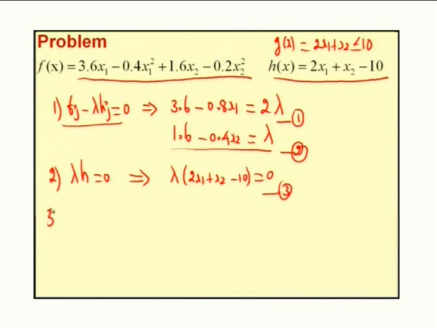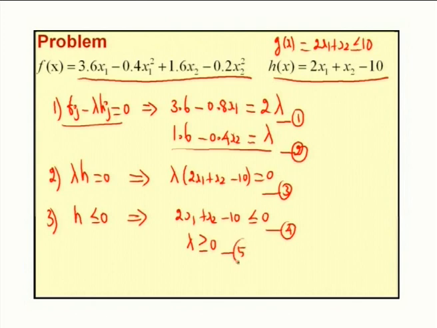The third Kuhn-Tucker condition is h less than or equal to 0, so we have 2 x 1 plus x 2 minus 10 less than or equal to 0. We name it equation 4. Of course, the Lagrangian multiplier lambda greater than or equal to 0 gives equation 5.